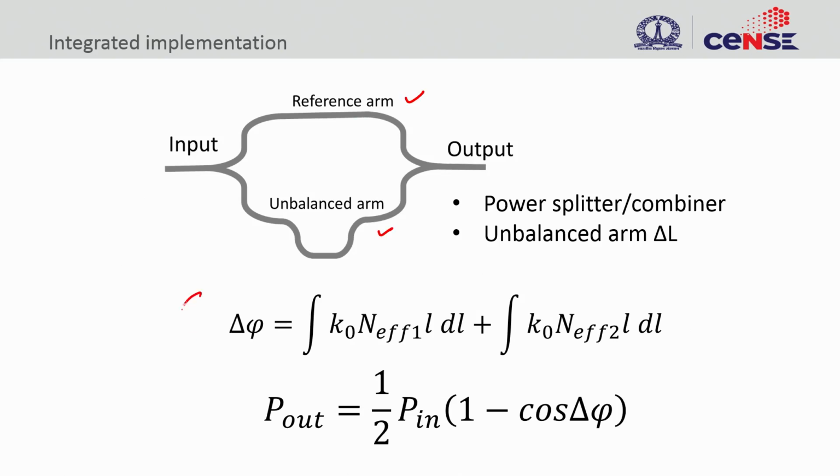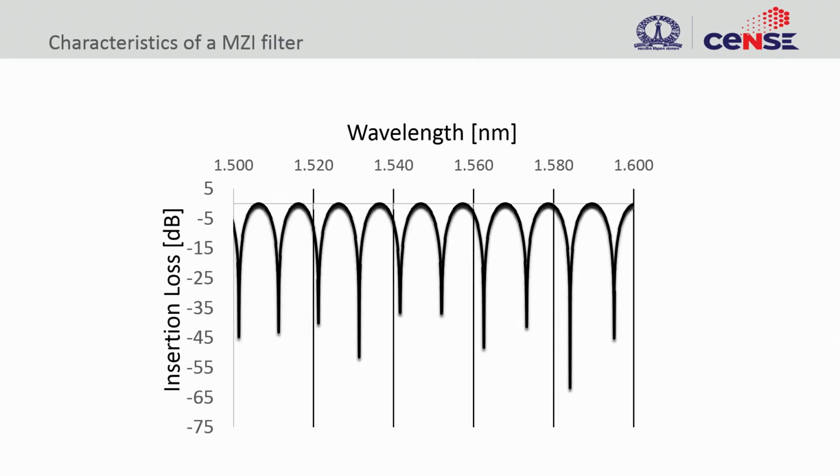By using this configuration, we can create a phase difference, and this phase difference results in a spectral response like this. What you see here is a spectral response from an unbalanced Mach-Zehnder interferometer.